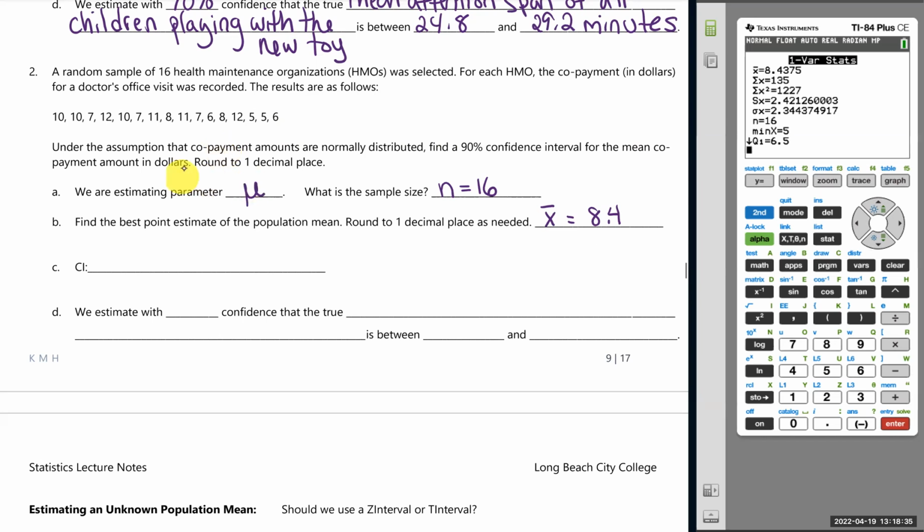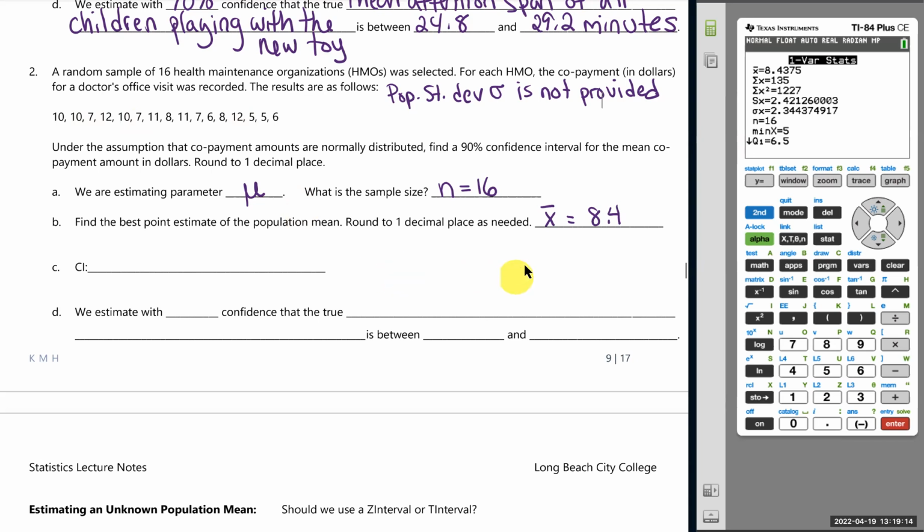But the idea is that the population standard deviation, sigma, is not provided. If we don't know sigma, that's when we have to rely on the t distribution. Now, the sample standard deviation, we always know that because we have sample data. So that S is the relevant one. Sigma here is just wrong. This is not population data. So the sigma is a meaningless number on the screen over here. That S is the standard deviation of the sample.